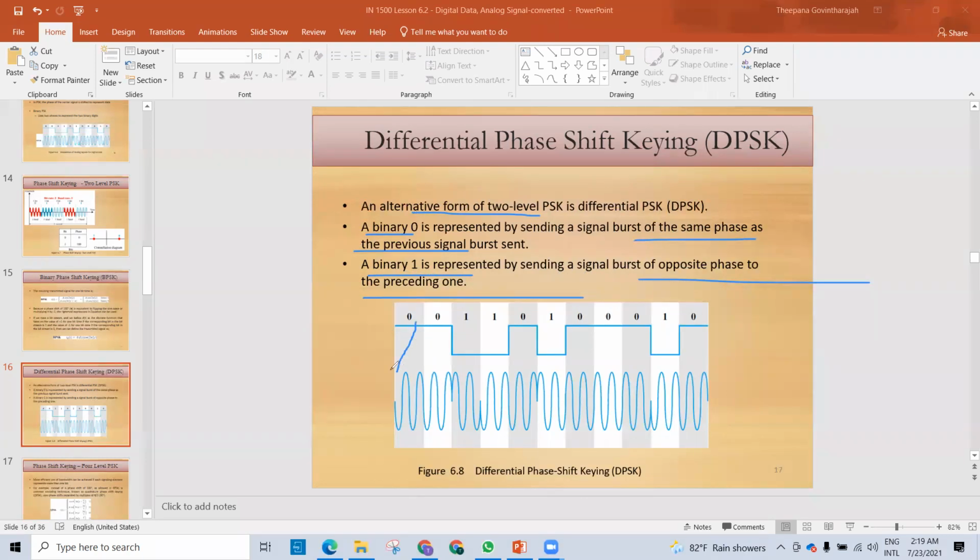Here for the 0, you wouldn't find any change, but for the binary 1, phase will be changed, and for the next binary 1, again phase will be alternated. So here phases are alternated for the ones. For the 0, no change in the phase, and for the 1, again phase is alternated.